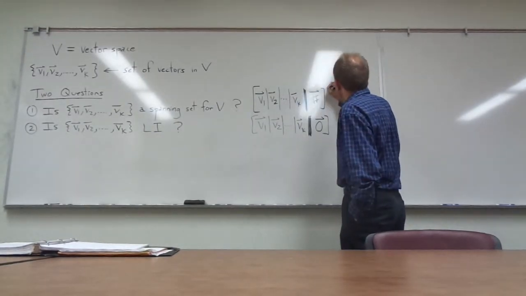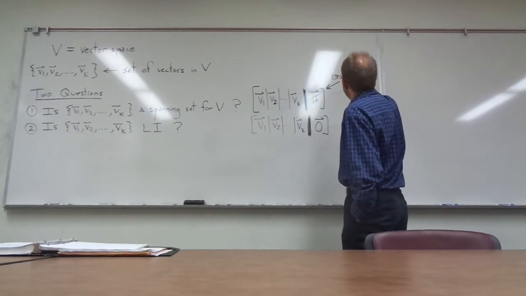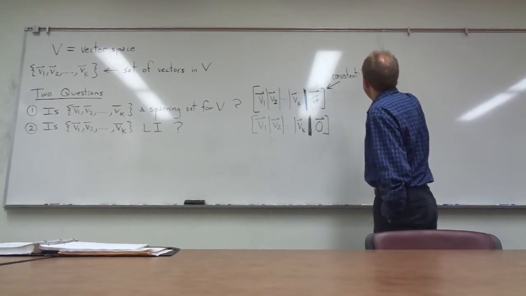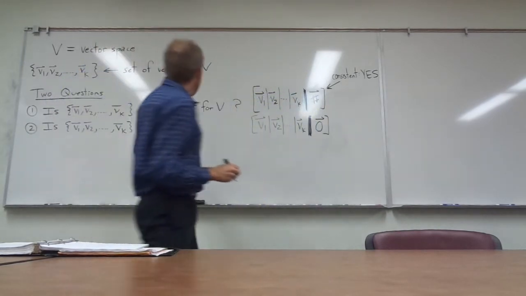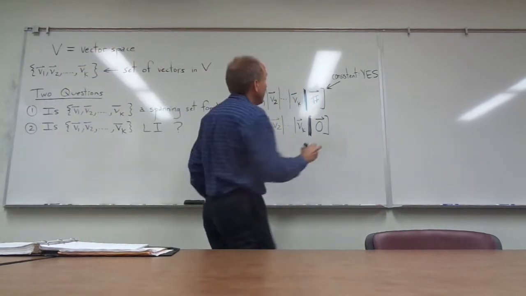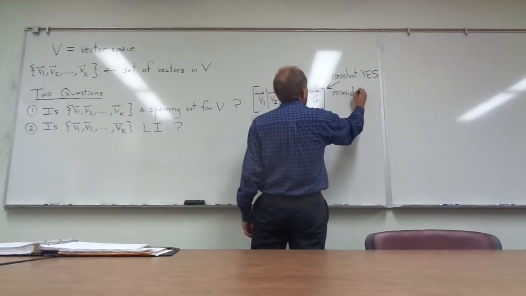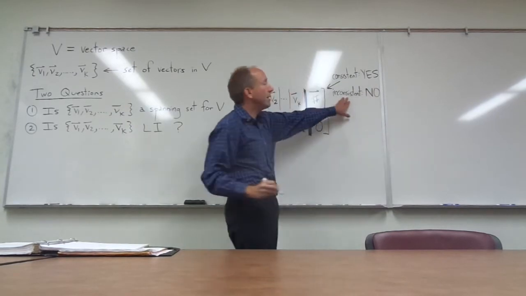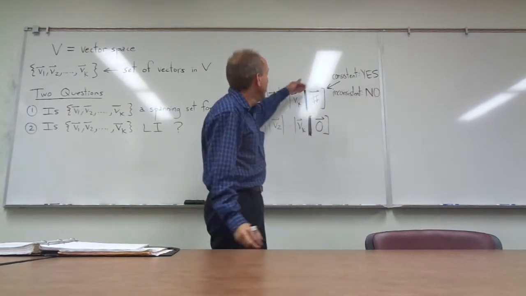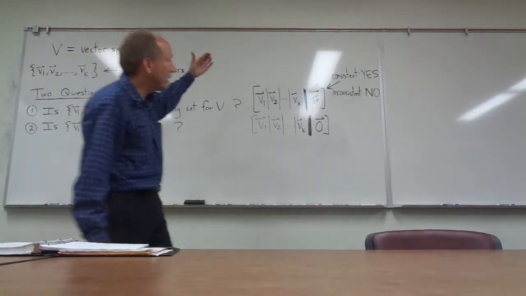And what are we looking for? Well, in the first case, if the matrix ends up with a consistent system, if there is a solution, then the answer to the first question is yes. And if the first matrix leads to a pivot in the far right column, that would be an inconsistent system, and then the answer to question number 1 is no. So it's very simple.